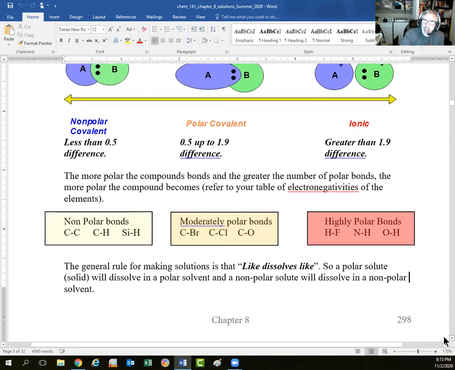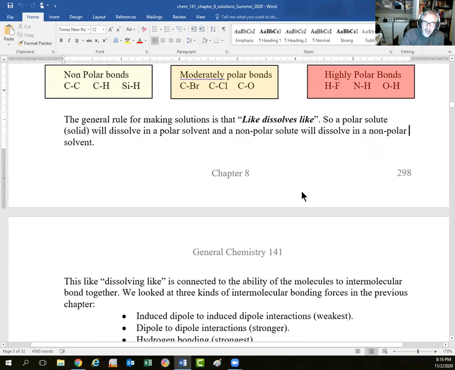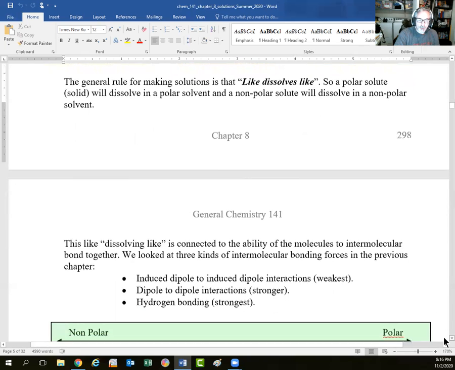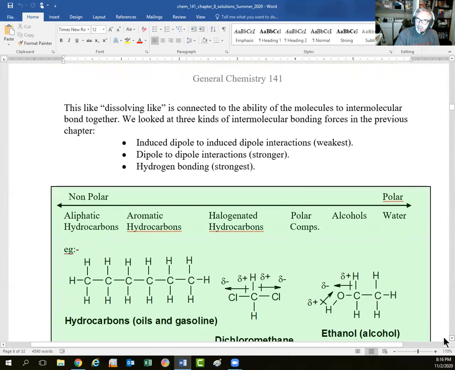So we look at the chemical bonds, we look at the chemical makeup, and we find that as a general rule, like dissolves like. Non-polar chemicals like to mix and form solutions with other non-polar chemicals, and polar chemicals like to mix and form solutions with other polar chemicals. The reason being is that we've got a match in the kind of intermolecular bonding forces, how the molecules talk to each other.